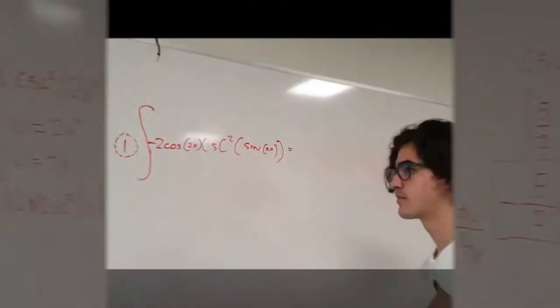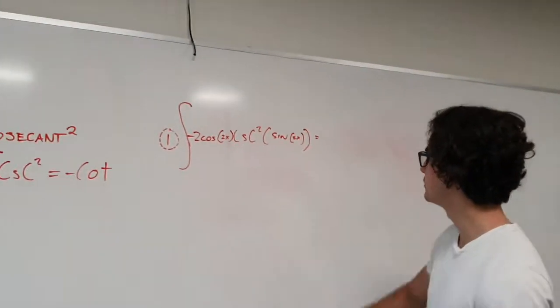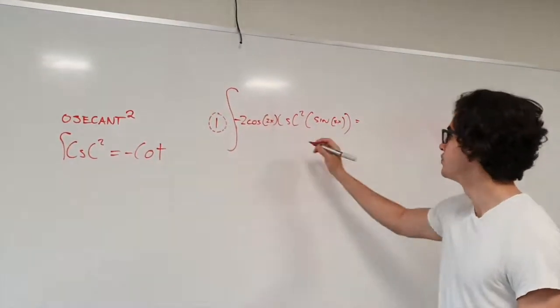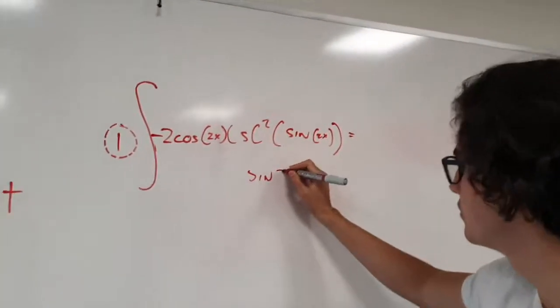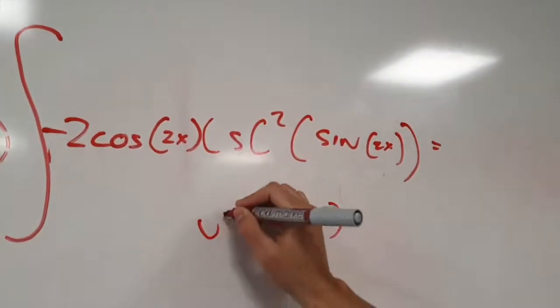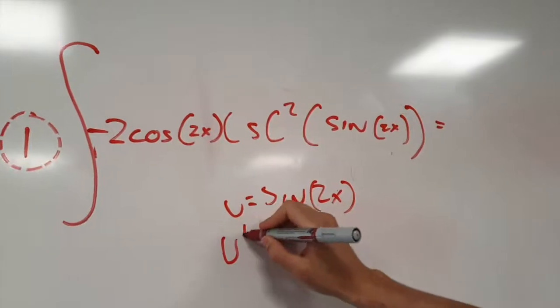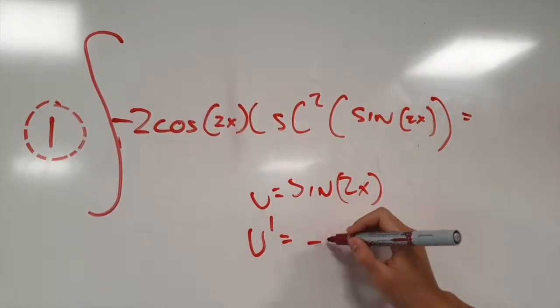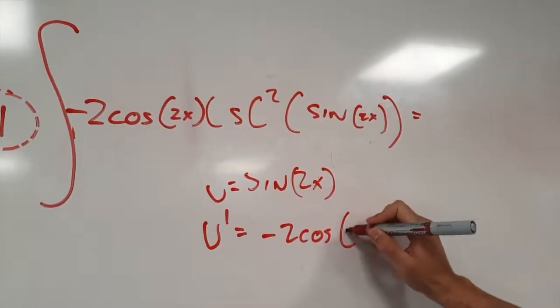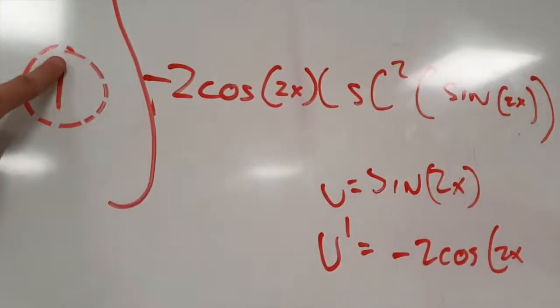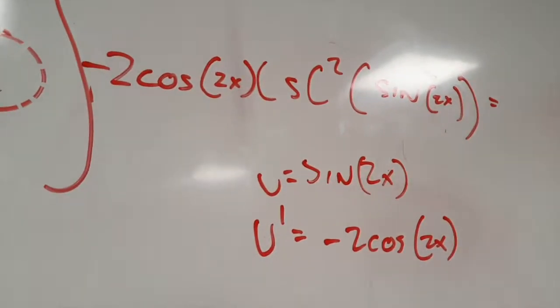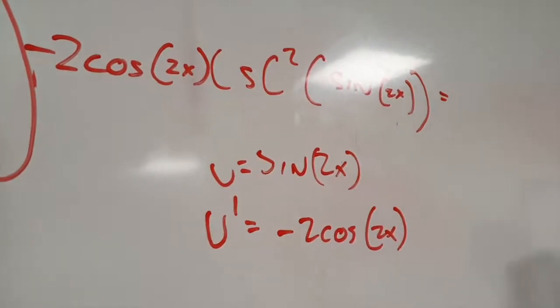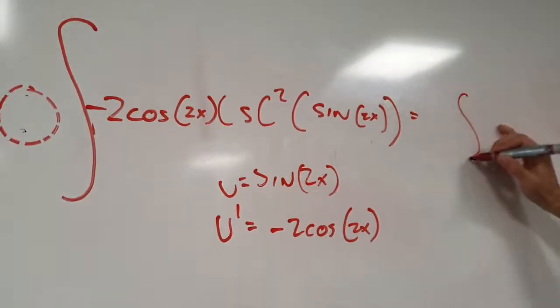To solve this problem, the first thing we need to do is find our u, which is sine of 2x. We find the derivative for this problem, which is negative 2 cos 2x. After we have our u prime, we need to write the whole problem again.